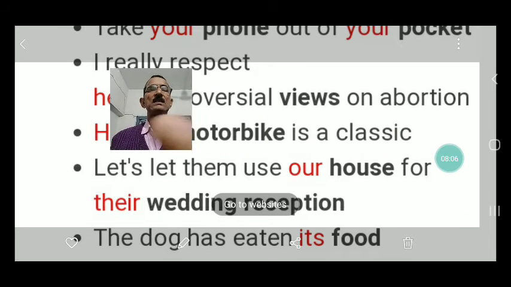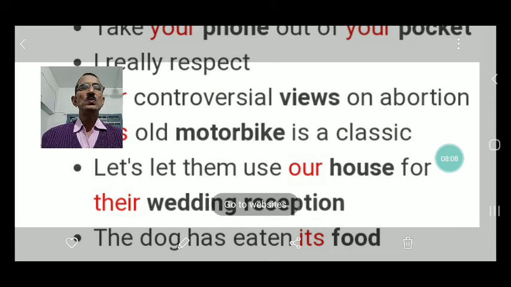Let them use our house for their wedding reception. Means let them use our house. The house is ours, but who will use? They will use. For what? Wedding reception. The dog has eaten its food. What has the dog eaten? Its food. It has not consumed others' food.